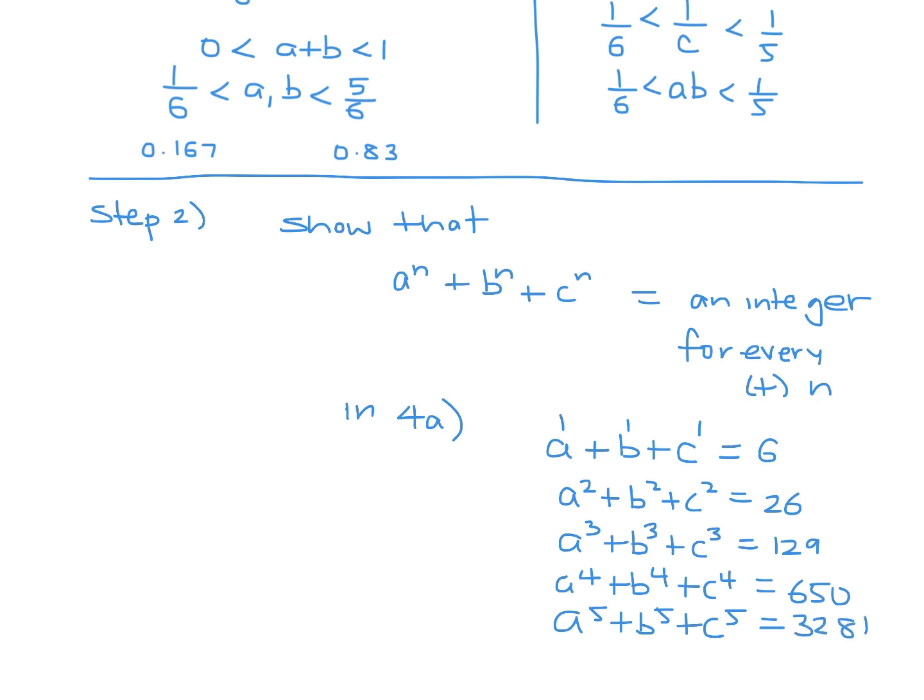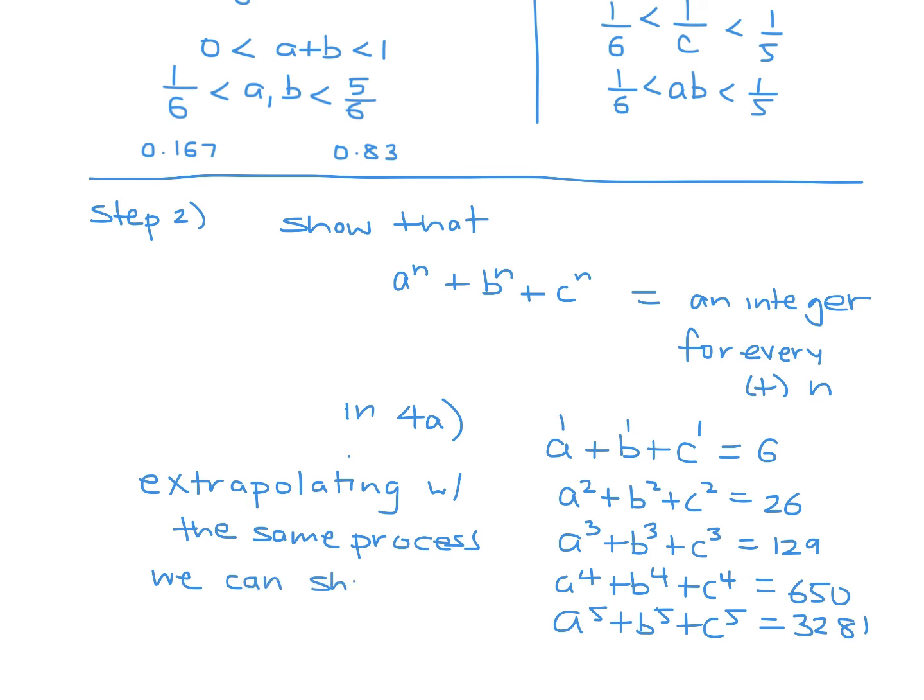So as you can clearly see, if you extrapolate this, you will hopefully conclude that with the same process that was implemented in part A, we can show that all forms of a to the power of n plus b to the power of n plus c to the power of n will be some positive integer.